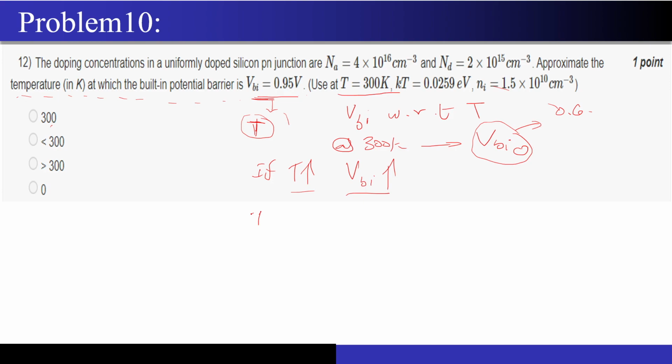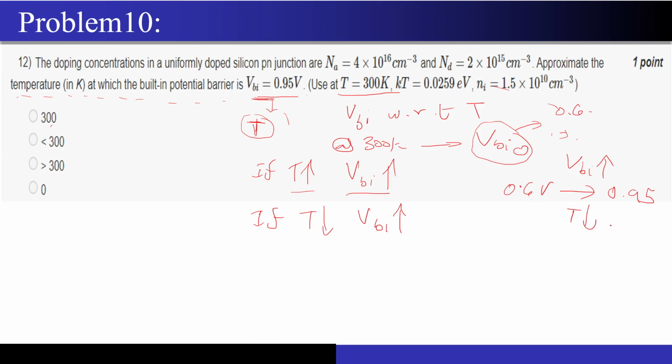Now if we find out that as temperature is decreased, then VBI will increase, and if we find out that this VBI naught comes out to be around 0.6 volts, then how can we deduce? Okay, going from 0.6 volts to 0.95 volts, what has happened? My VBI has increased. If my VBI has increased, that means the temperature will be decreased.